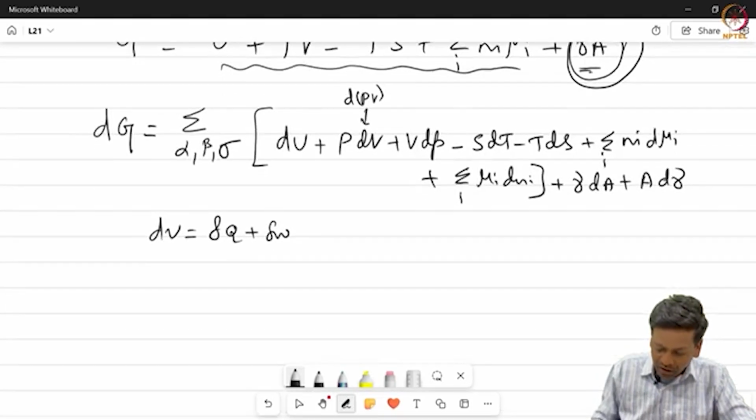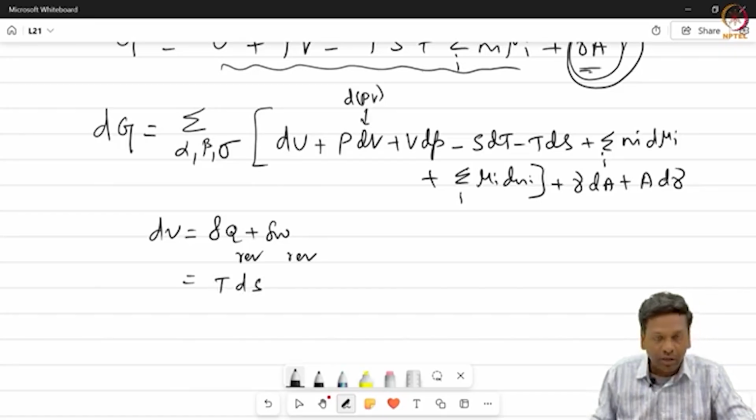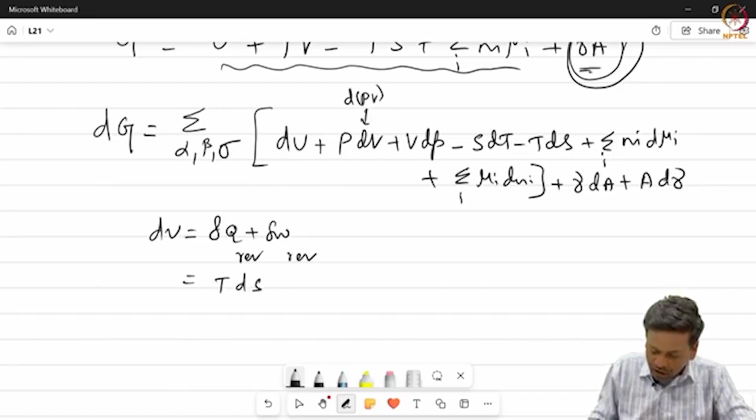Remember, for a reversible process, from the second law of thermodynamics, delta Q will be T dS, and the work done for a reversible process is usually minus P dV. Additionally, you will also have work done associated with non-PV work.